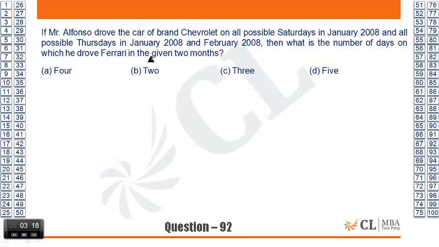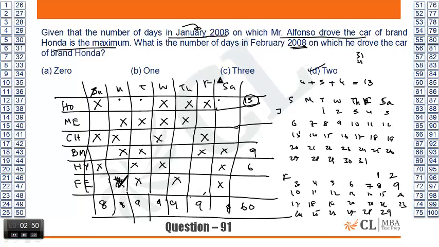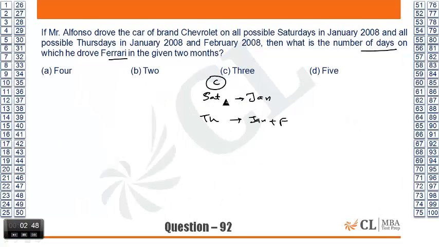If Alfonso drove the Chevrolet on all possible Saturdays in January 2008 and all possible Thursdays in January plus February, what is the number of days on which he drove Ferrari? Let's find out.